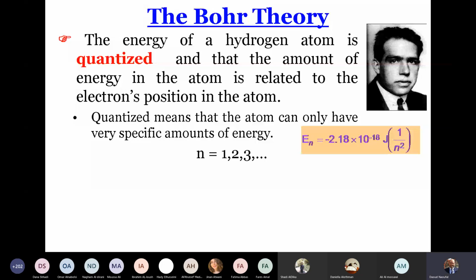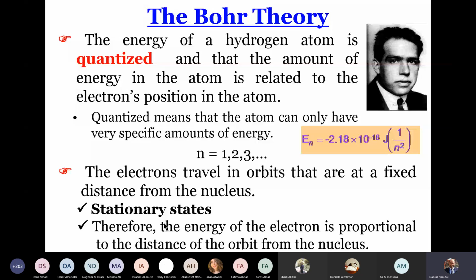Bohr in his theory supposed that the electron is found on orbits, and these orbits are of known distance from the nucleus. That means the electron did not fall down to the nucleus because the orbit protects this electron. The electron is found on this orbit. Therefore, the energy of the electron is related to the distance of the orbit.